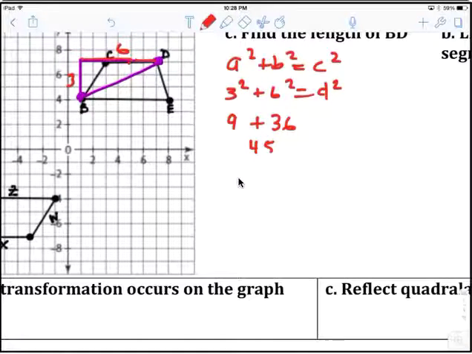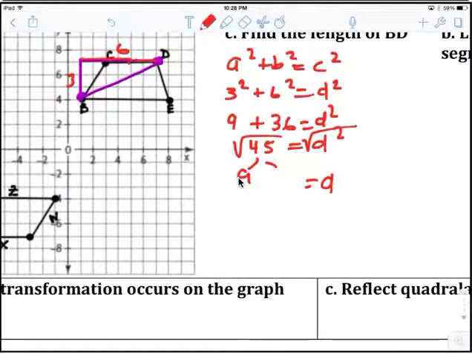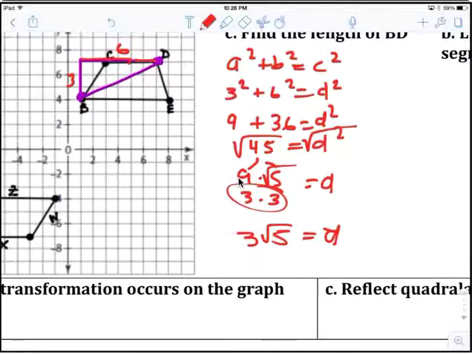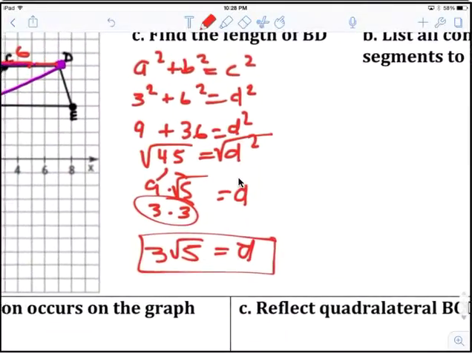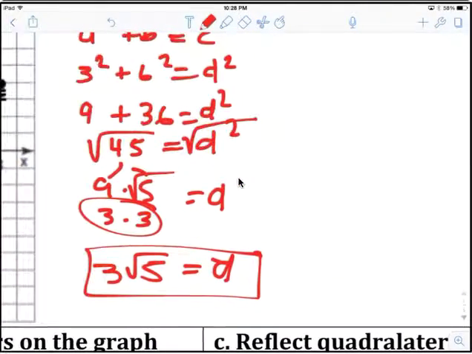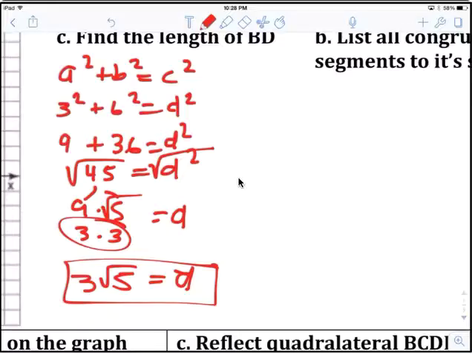It's 45 equals d squared. Okay, let's leave this as a simplified radical. That means you go 9 times 5, so d equals 3 square root of 5. Or, 6 point something, close to 7.